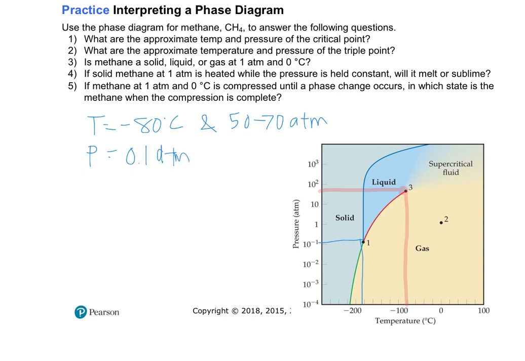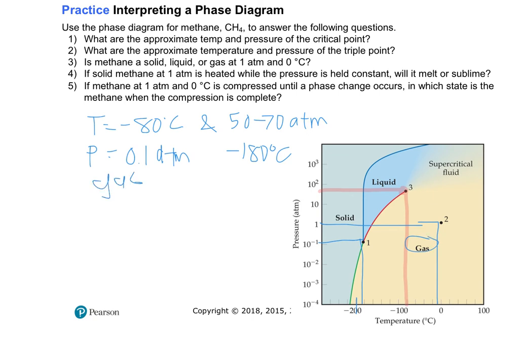And that temperature is, if this is negative 200 right there, then that's about negative 180 degrees Celsius. Is methane a solid, liquid, or gas at 1 atmosphere and 0 Celsius? At 1 atmosphere, 0 Celsius, it's about 0.2. It looks like it is a gas.